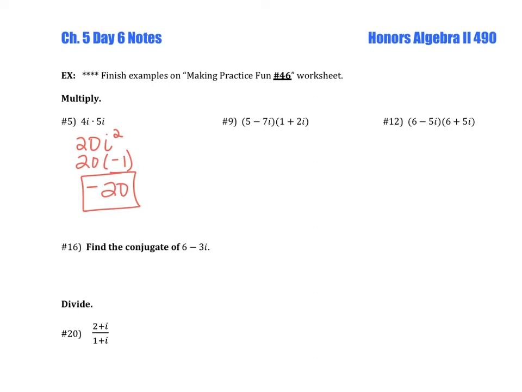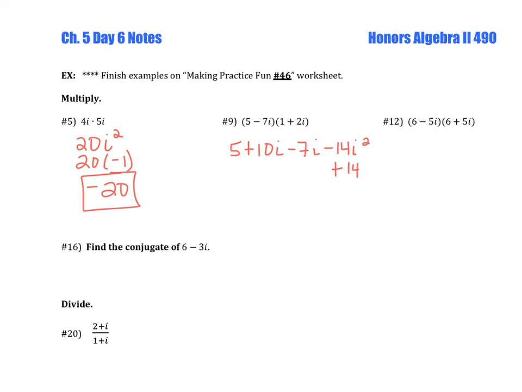All right, next example. We have a complex number being multiplied by a complex number. So we're going to FOIL it. So when we multiply our first terms, we're going to get 5. When we multiply our outside terms, we're going to get 10i. Our inside terms, negative 7i. And our last terms will be negative 14i squared. And then we're going to go through and simplify as much as we can. So this negative 14i squared becomes positive 14.